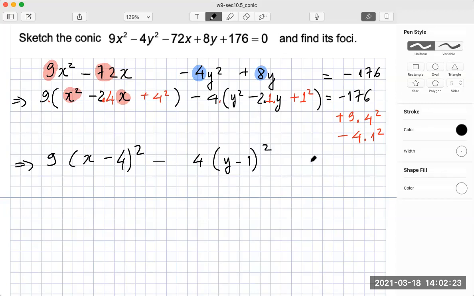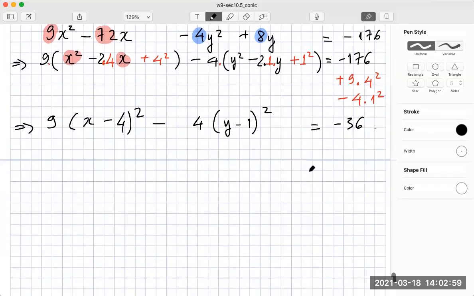And the right-hand side, use a calculator to compute it. Okay? Negative 144, right? Oh, yeah. I forgot the number 4 here. So it is negative 36. Thank you. So it becomes negative 36. Very good.